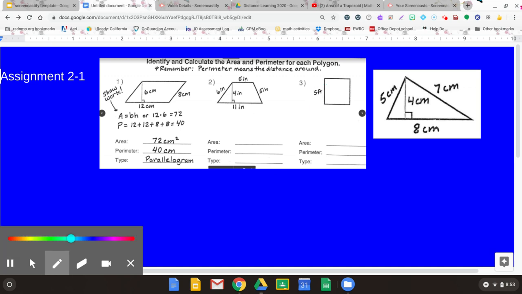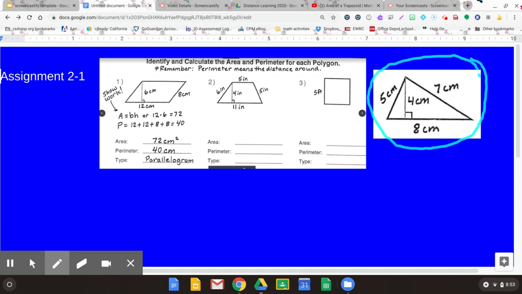Okay, so this last problem over here, this triangle, is actually problem number 5 in assignment 2.1. But I wanted to make sure I gave you at least one example of a triangle. So remember, the area of a triangle is the base times the height divided by 2, or 1/2 times base times height.